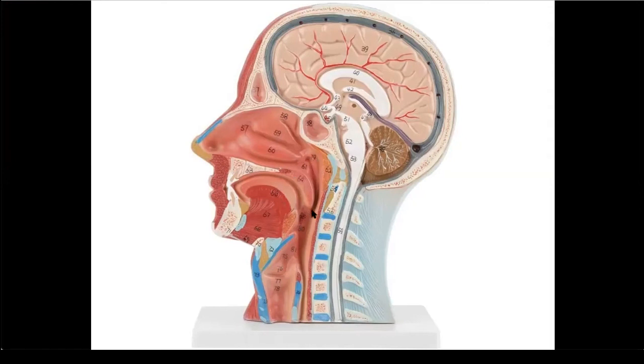The oropharynx will begin at around the tip of the uvula to the tip of the epiglottis. This is the epiglottis here. Between the tip of the epiglottis down to here, you will have the laryngopharynx. Continuing down, the laryngopharynx leads into the esophagus.